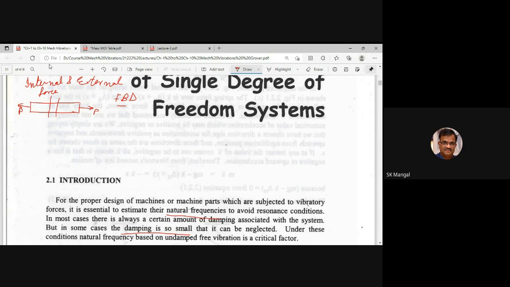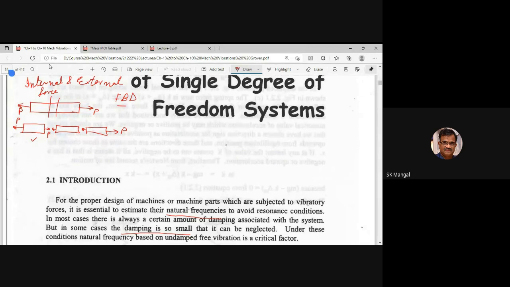If I draw the free body diagram of the segments here, these are the external forces acting at this point and at this point. The original figure is under static equilibrium, so each component of it will also be in equilibrium. I can draw the resultant forces at this plane, this is your P, a static equilibrium condition.